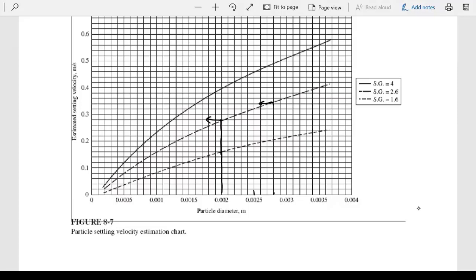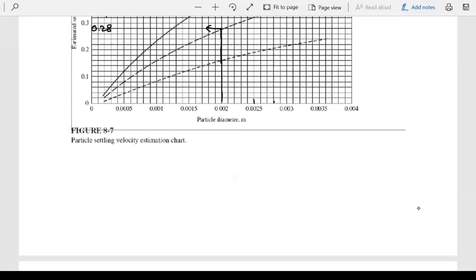And don't worry so much about estimating these all that carefully because we're going to iterate on a solution. So this would be 0.28 here, for example. Okay. This next one here, this is 0.34. So this is our first estimate.